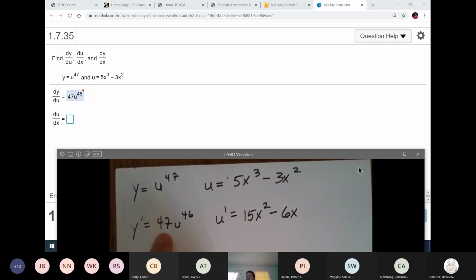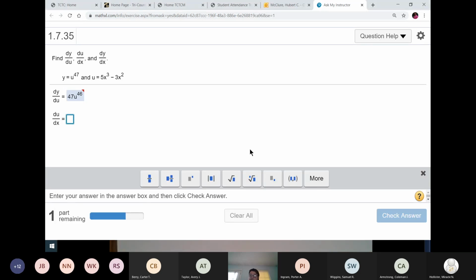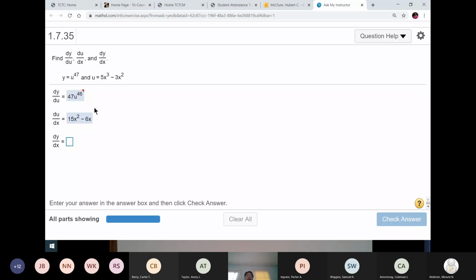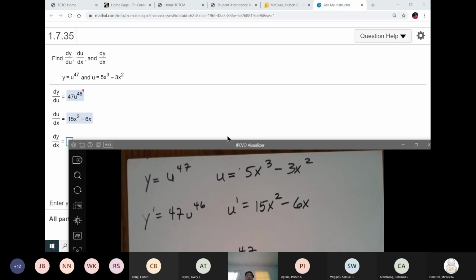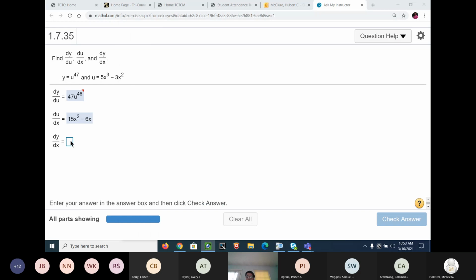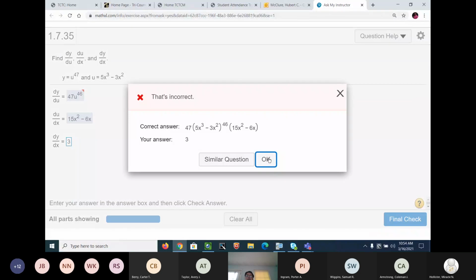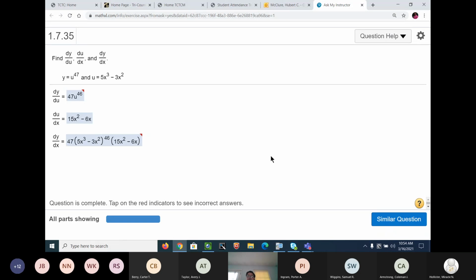And this one is going to be 15x squared minus 6x. dy/dx would mean that I'm going to plug that into this and actually get this right here. And that should be what I got right here.